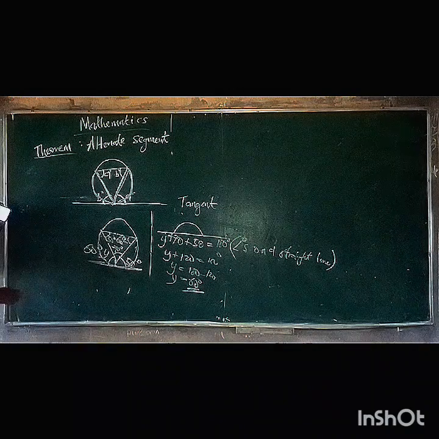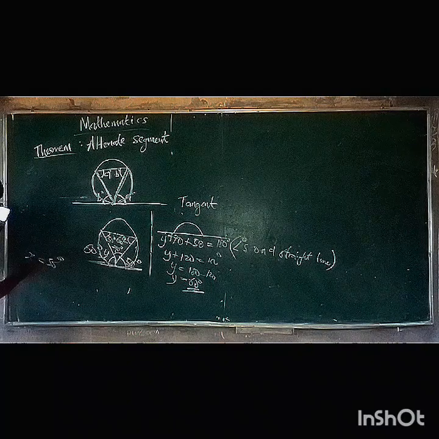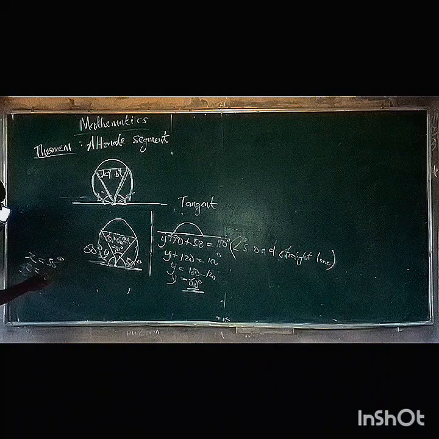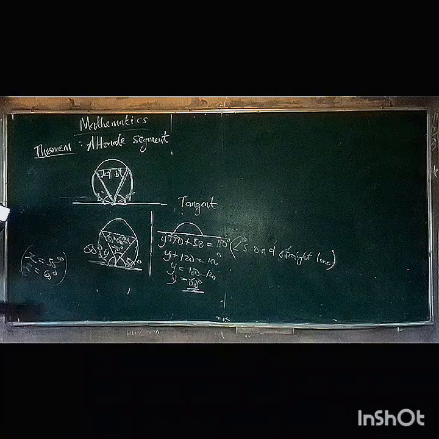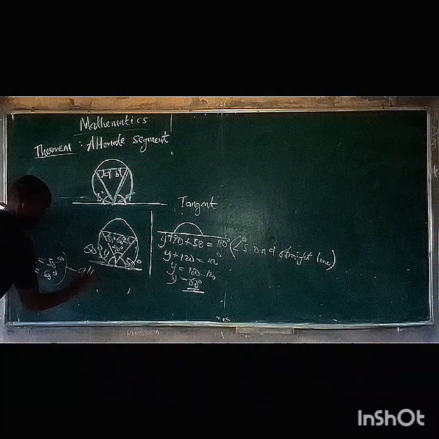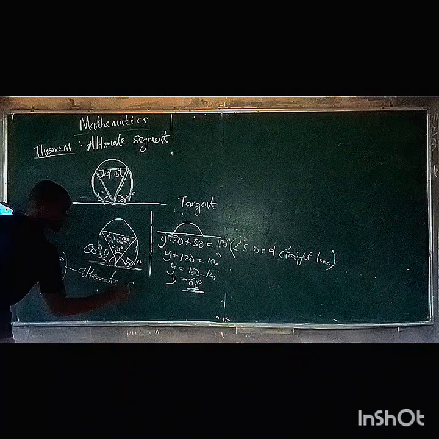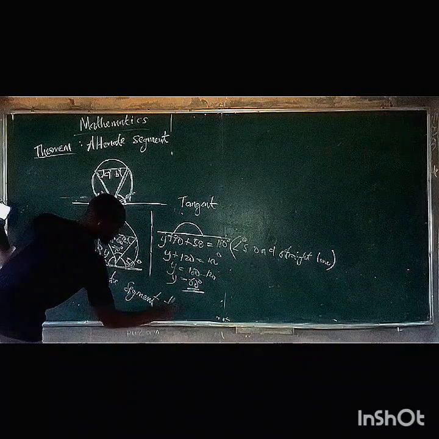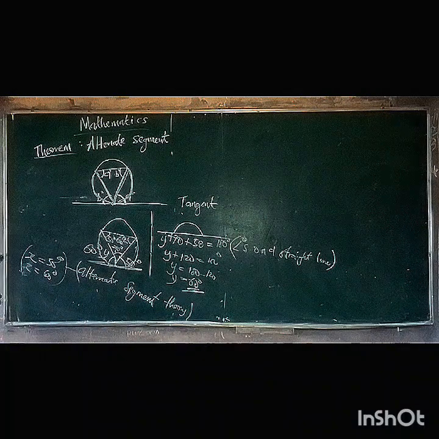So I've gotten the value of both: x is equal to 50 degrees, and z is equal to 60 degrees. Why are these two things so? We tell them alternate segment theorem. Very easy.